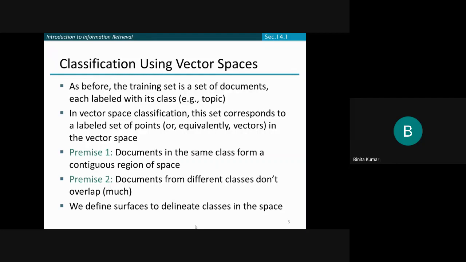So the training set is a set of documents where each document has been labeled with a class. Class means to which category or which group it belongs to. So labeling for the documents has already been done. So training set consists of the documents along with their labels.